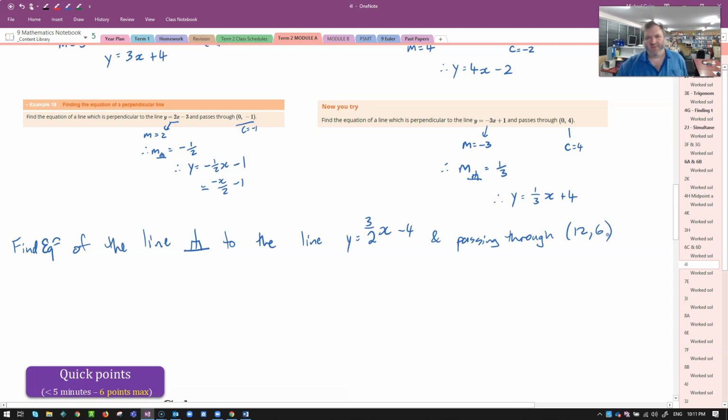So the difference here, I haven't given you the y-intercept. I've given you a random point that I know it passes through. How do we go about solving this one?